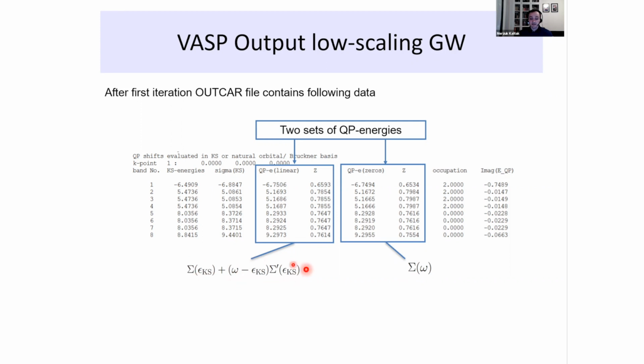This is actually the same as in the algorithms discussed before, where all calculations are done in reciprocal space. However, now you also have another block of data that contains the quasi-particle energies as roots of the denominator of the Green's function, that is, the poles of the Green's function. So you take into account the full frequency dependence, but in reality, they are very similar. There's not a big difference between them.